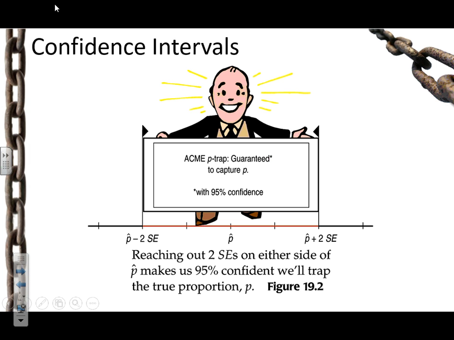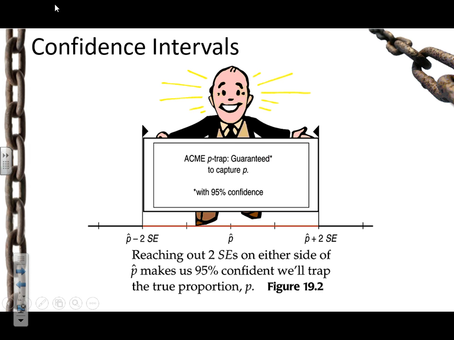That's going to give me an interval. I'm going to be going from this proportion to this proportion. It might be like 0.2 to 0.4. So what it tells me is I'm 95% confident that my true proportion is between 20% and 40%.